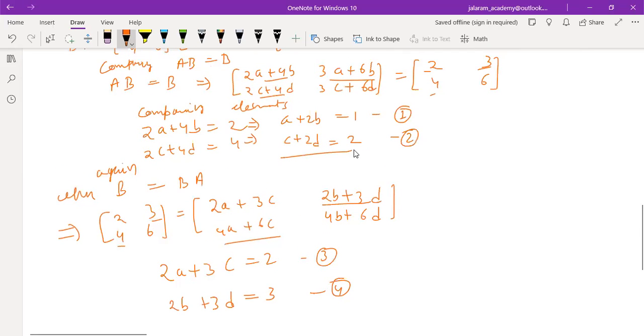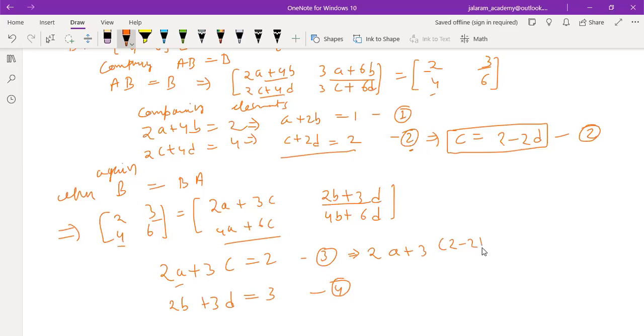Now, C can be obtained from equation 2 in terms of D. We have to find C in terms of D. It is 2 minus 2D. C equals 2 minus 2D. Using this value, we can find A also in terms of D. 2A plus 3 into 2 minus 2D is also 2.